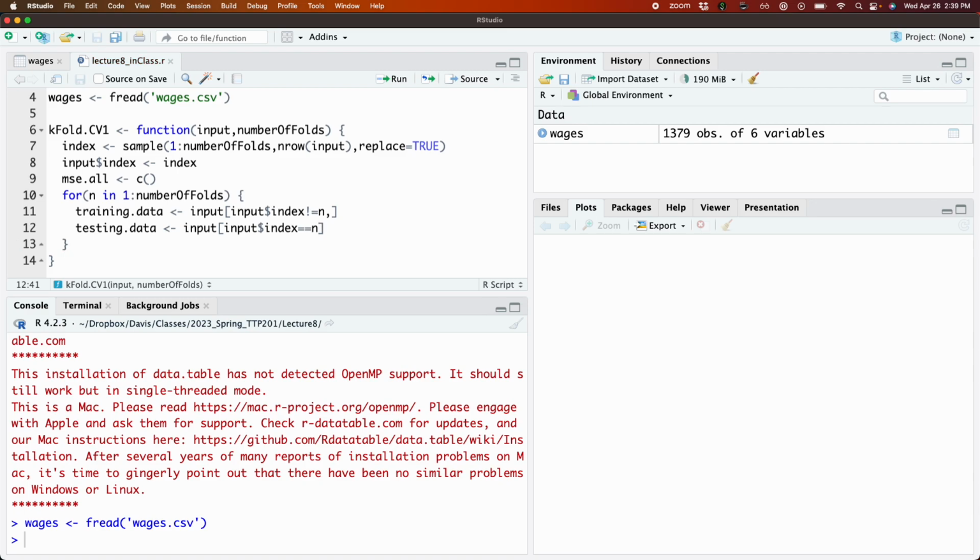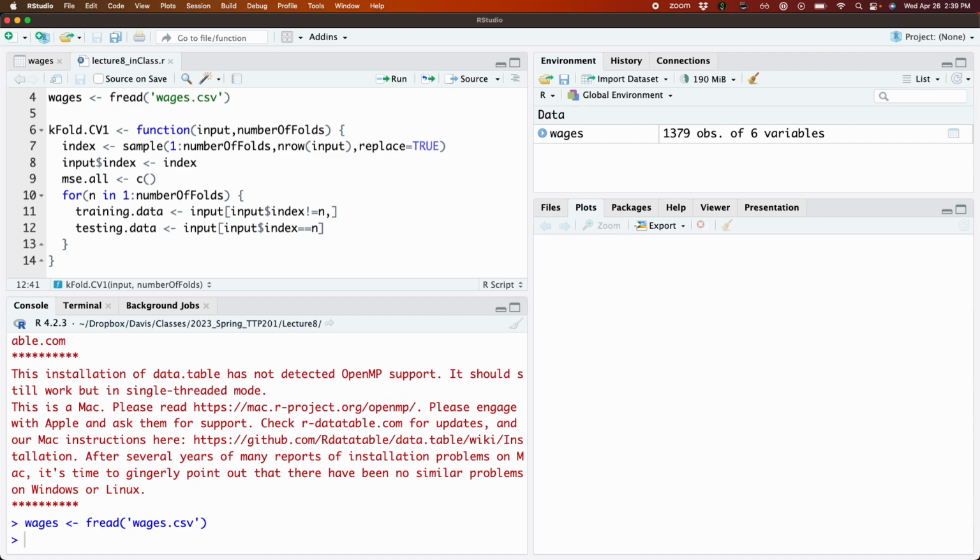That's exactly right. So I define training data. I'm going to take my full data set, which is input, and then I'm going to look at my index column, and I'm going to say if it's not equal to whatever number I'm on, then that will be my training data, right?